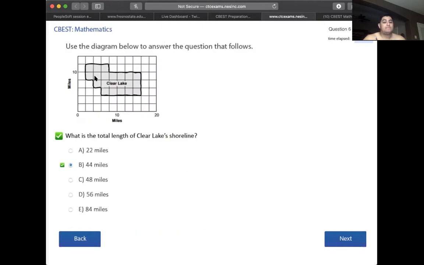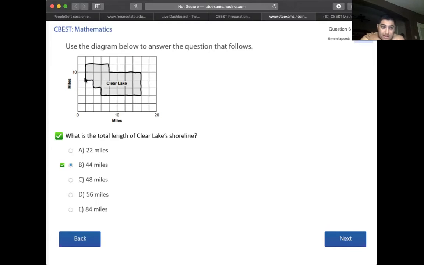Number 6, so each of these little blocks right here are 2 by 2s. So 2, 4, 6, 8, 10. And then up here 2, 4, 6, 8, 10. So all these blocks are 2 by 2s. And it's asking for the total length around it. So all this black, you're gonna calculate the total length. I started right here at this point.